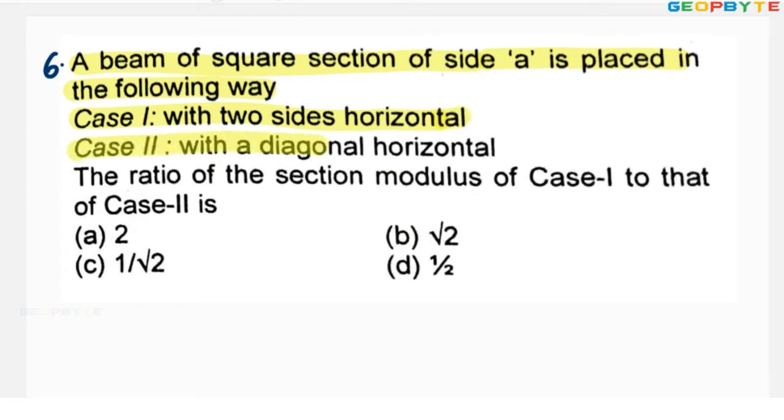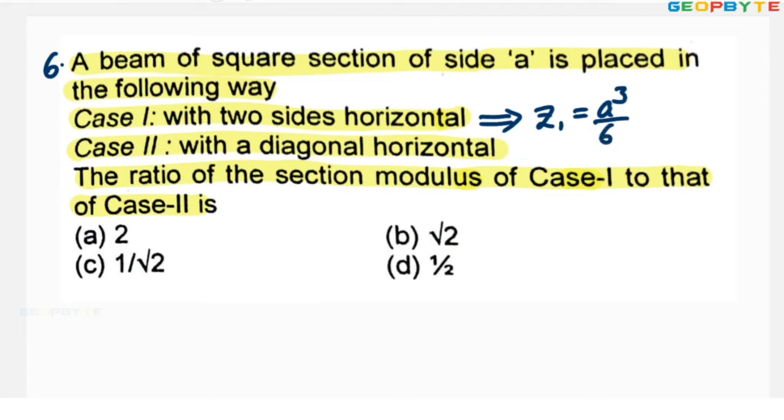Case 2, with a diagonal horizontal. You are asked to find the ratio of the section modulus of case 1 to that of case 2. When the two sides are horizontal, then the section modulus Z1 is equal to A cube by 6.